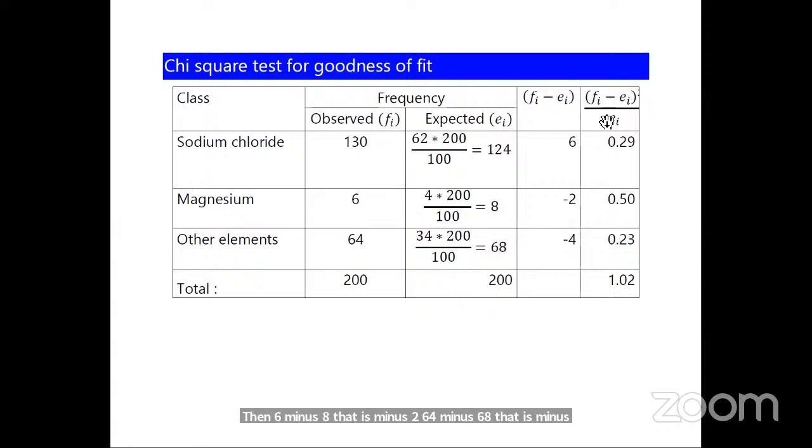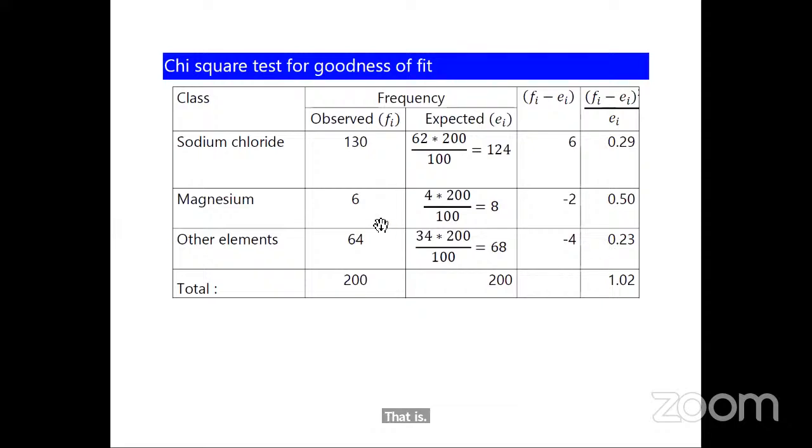Again we have to compute this, that is (fi minus ei) square upon ei. Fi minus ei is 6, so 36 divided by 124. Yes, this column is correct. Then minus 2 square, that is 4 divided by 8, so it is 0.5. Now here it is minus 4 square, that is 16 divided by 68, that is 0.23, right?